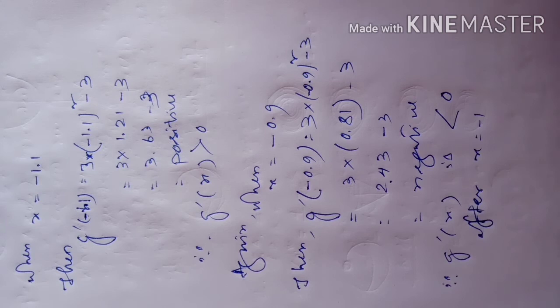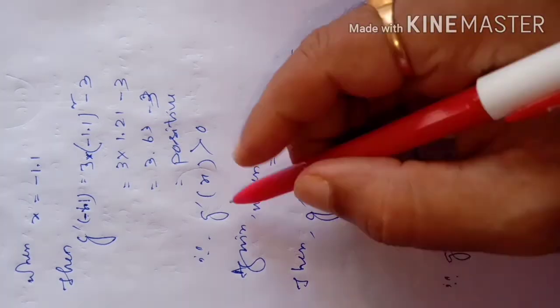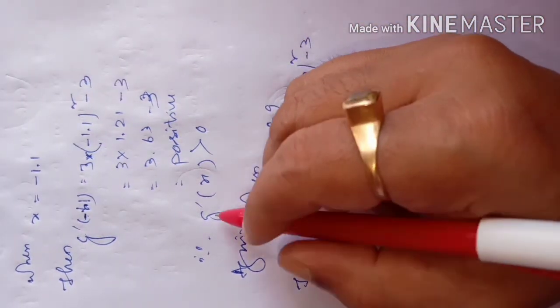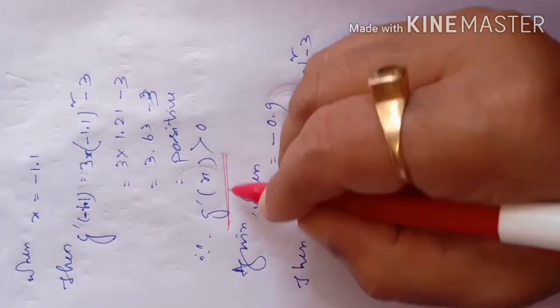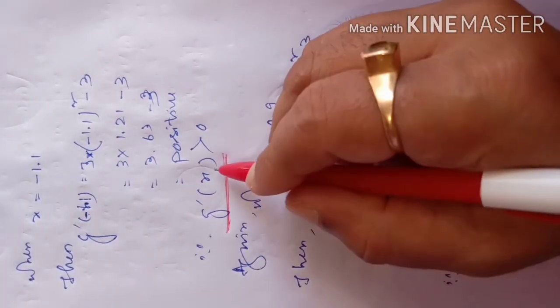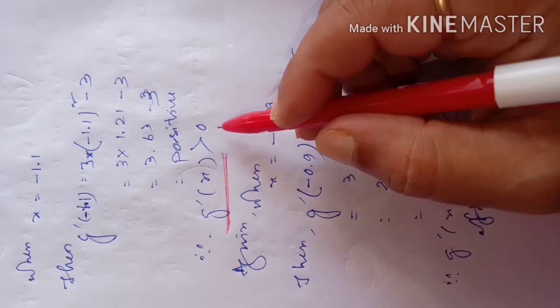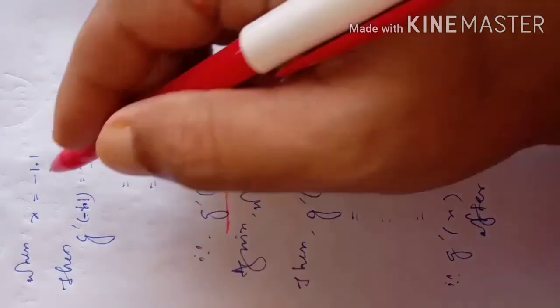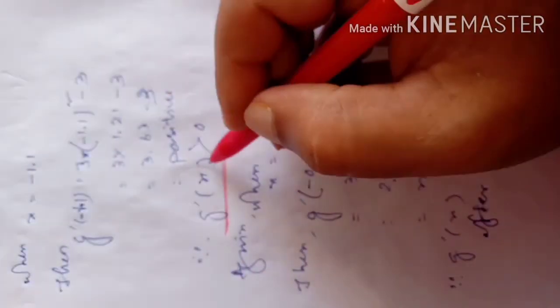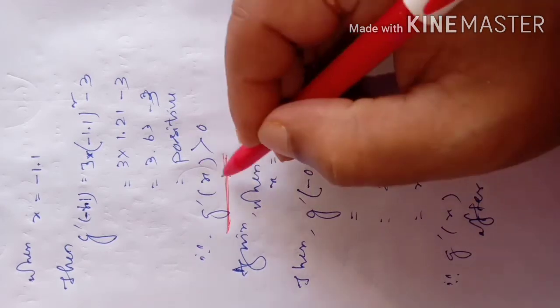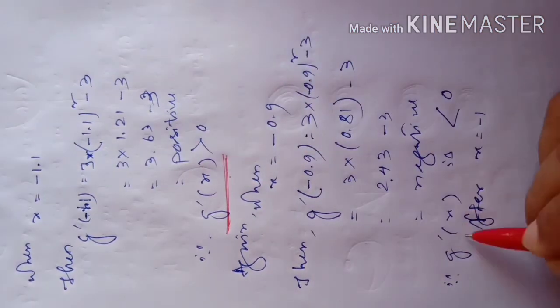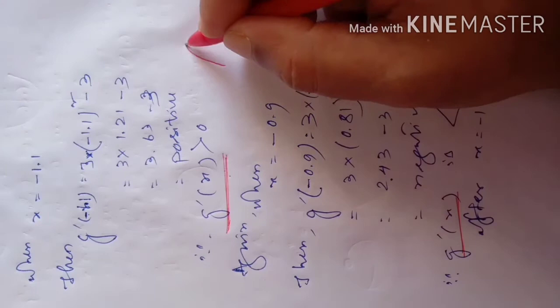So we have seen here the variation of sign. G dash x was positive before minus 1, it was greater than 0, and g dash x is now negative. That means it is a turning point of this kind.